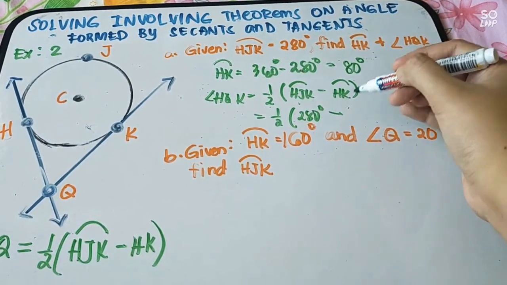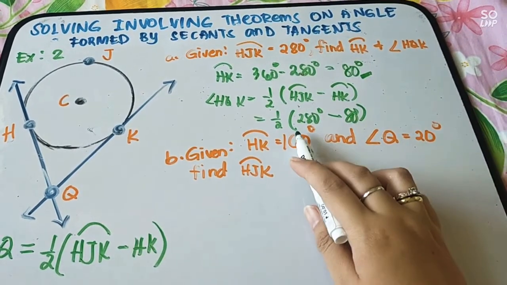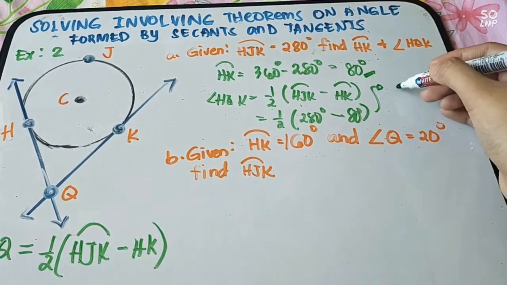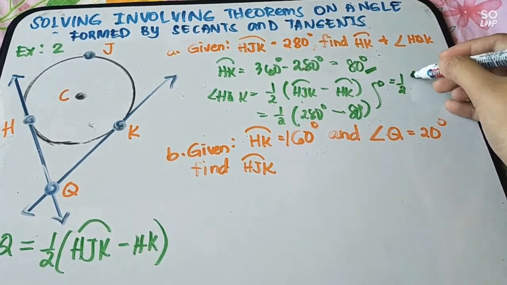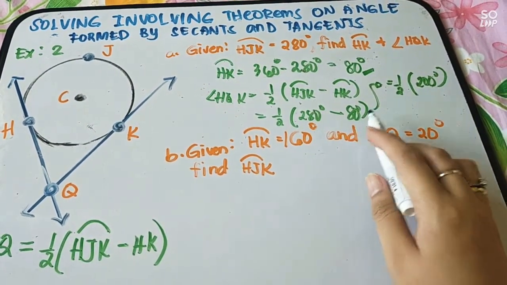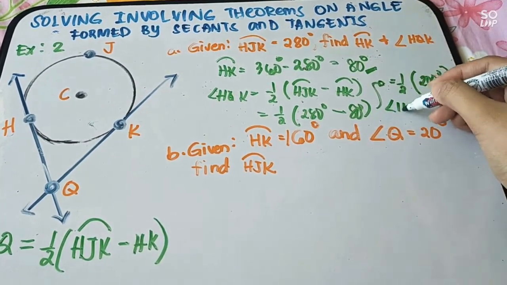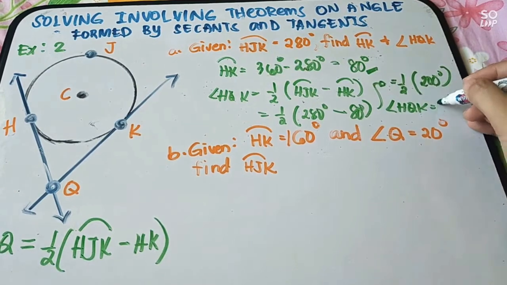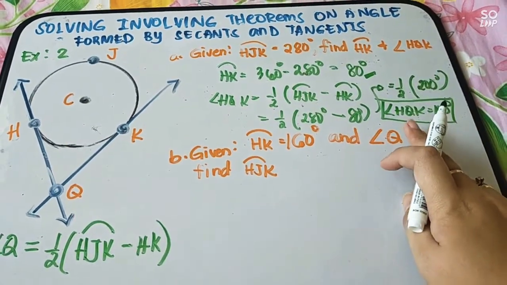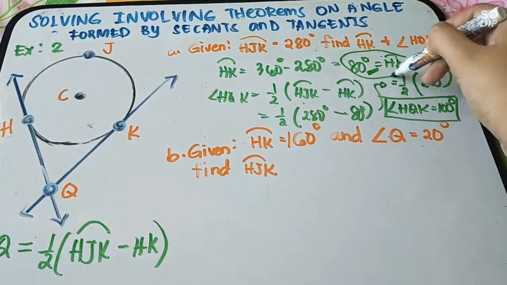Minus ang arc HK natin, we have 80 degrees. So, 280 minus 80 degrees. So, we have 1/2 of 200 degrees. So, 280 minus 80 is 200. What's the half of 200? So, angle HQK is equal to 100 degrees. So, this is the measure of your angle and this is the measure of arc HK.